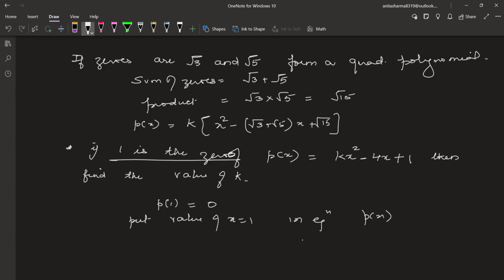Clear? Then p(1) will be k minus 4 plus 1 equal to 0. Right, beta? So k minus 3 is equal to 0. Then k will be 3. Understood? Yes, ma'am. It will be 3.